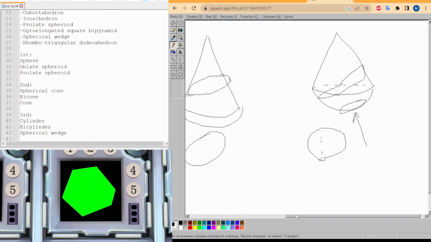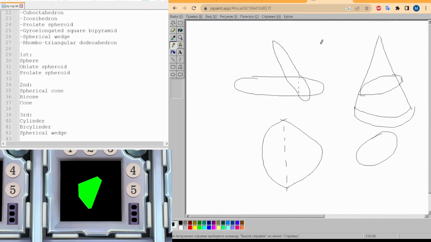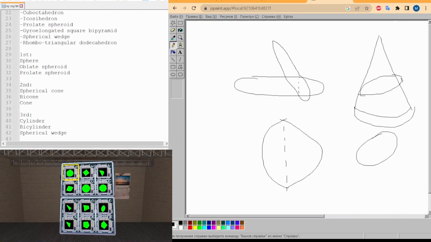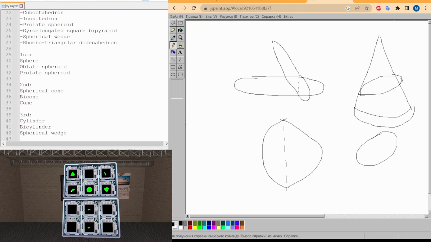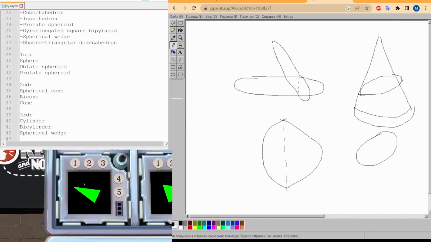In case of Bicone, it's a bit different story. Let's see those. As I remember, they were here, okay, I think it was here. Okay, let's see the first one that is simpler.